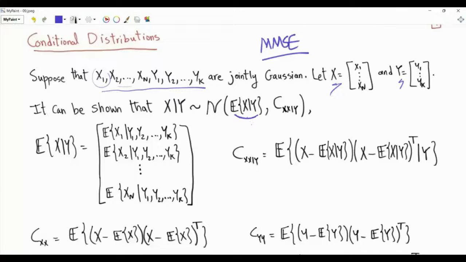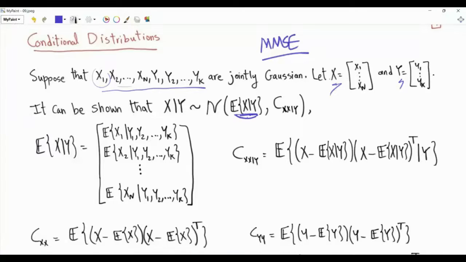So those quantities here are used in estimation, when we have jointly Gaussian random variables and we want to do minimum mean squared error estimation. What is this expectation? It is a conditional expectation.